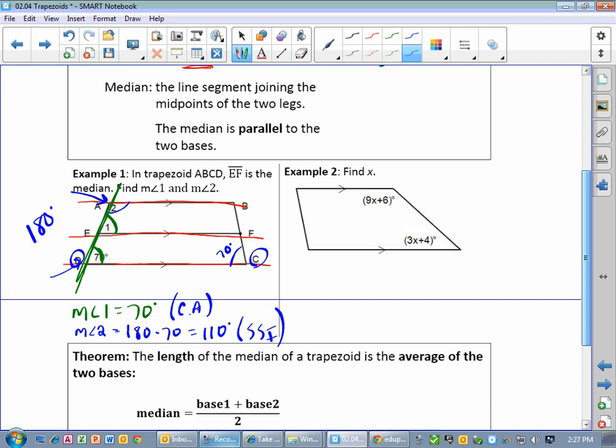So they're not supplementary. So in trapezoids, consecutive angles are not necessarily supplementary. However, these angles will be. The top and bottom will be on both sides. So this plus this will equal 180. Just to be clear there. All right, so next figure.